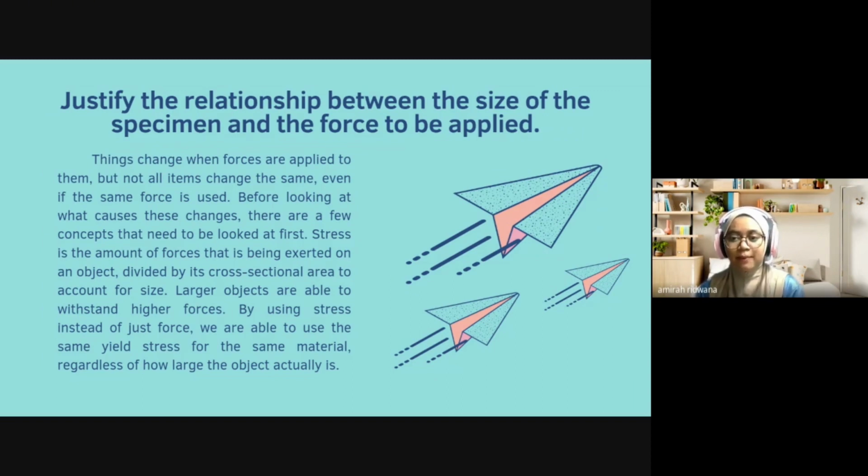Stress is the amount of force being exerted on an object divided by its cross-sectional area to account for size. Larger objects are able to withstand higher force. By using stress instead of just force, we are able to use the same yield strength for the same material regardless of how large the object actually is.